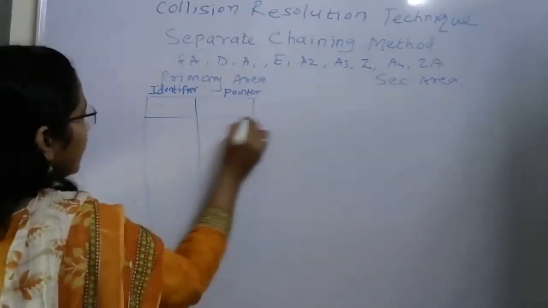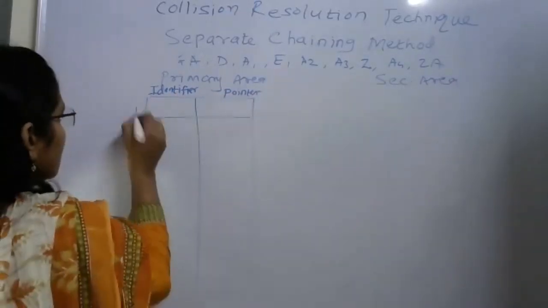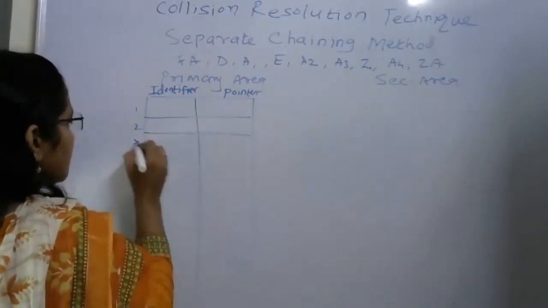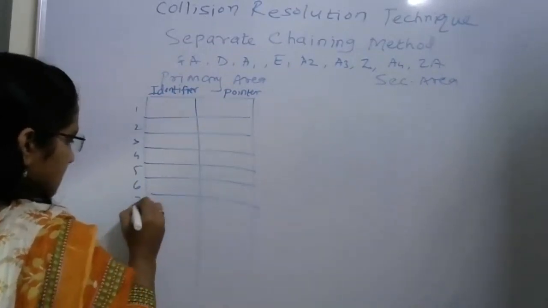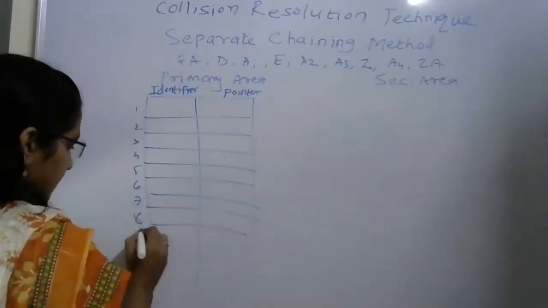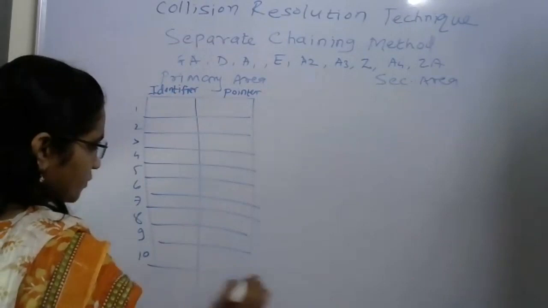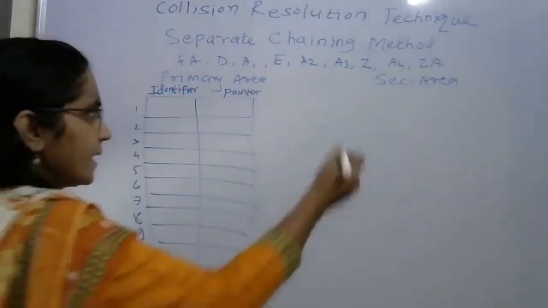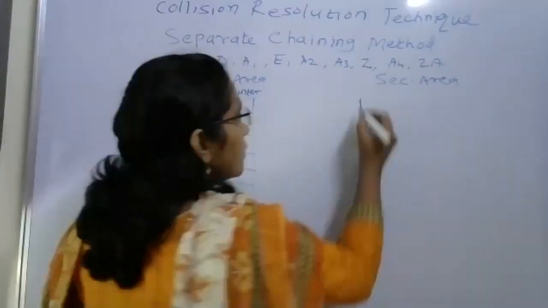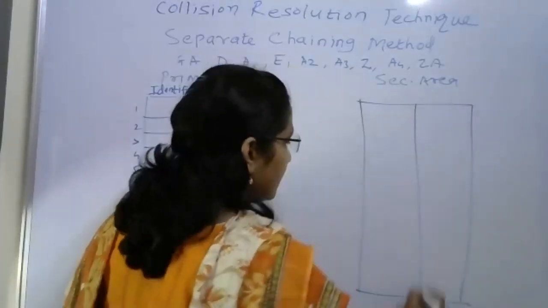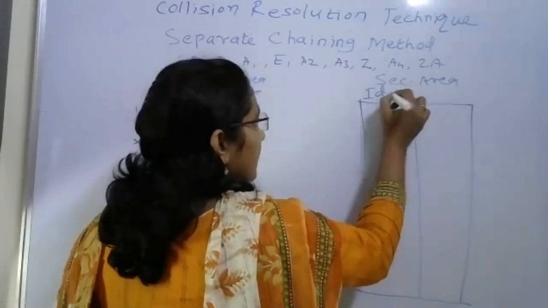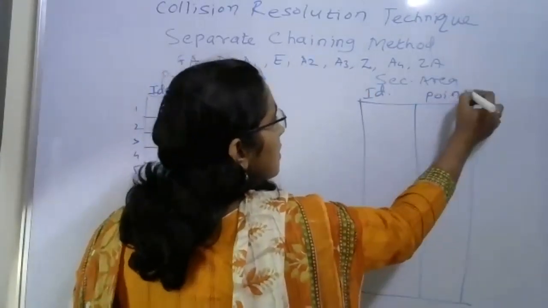And here it has a number of different memory addresses, suppose 3, then 4, 5, 6, 7, 8, 9, and suppose 10. So this is the primary area. Again, in the secondary area you have the same parts, identifier and pointer. The first part is the identifier and the second part is the pointer.